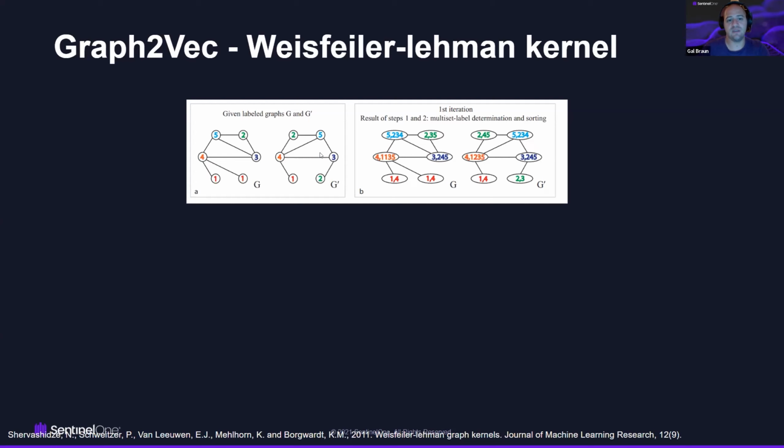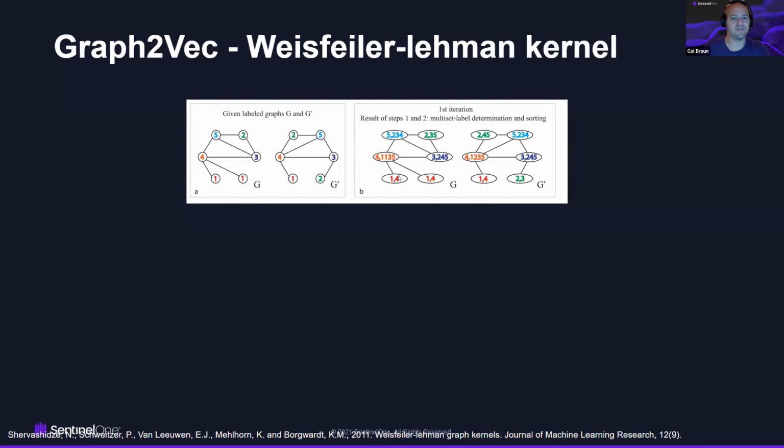So as you can see here, this 4 had a neighborhood with 1, 1, 3, and 5 labels. And now after the first step, it changed its label to this concatenation of labels. Interestingly, for example, this 5 in these two graphs has the exact same neighborhood and the same labels. So after the first step, they got the exact same representation.